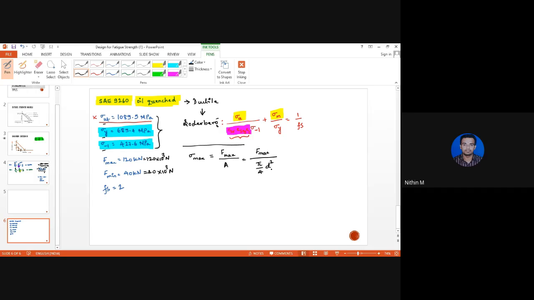What is d? D is the unknown that needs to be determined. So the formula to calculate the maximum stress would be 4 times the maximum force applied divided by pi d square.